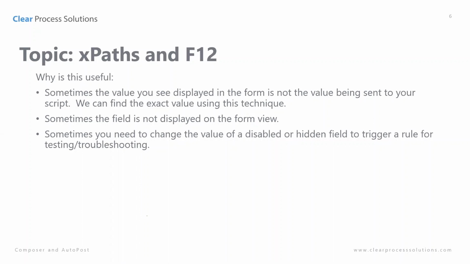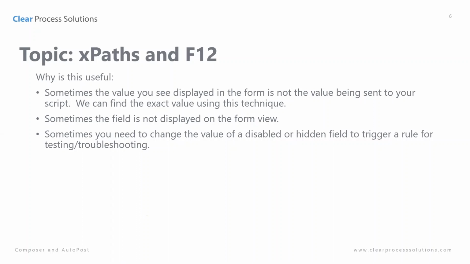But the value that's actually stored in the field is 1000, right? So we need to know that, because we need to know what's being sent to the Winshuttle script that's going to load data into SAP. And it's important as we're debugging and testing these things to understand what's actually being used as the value.